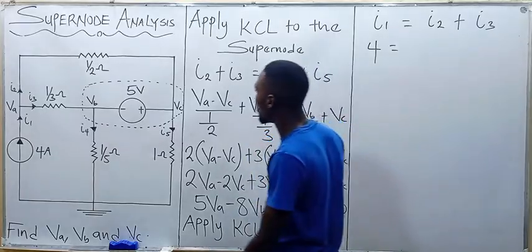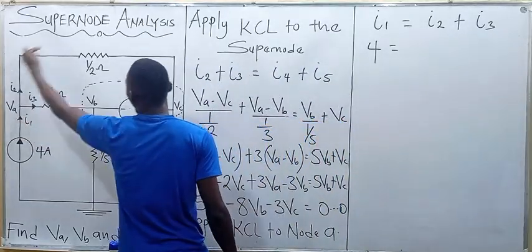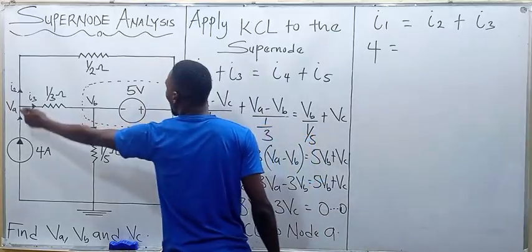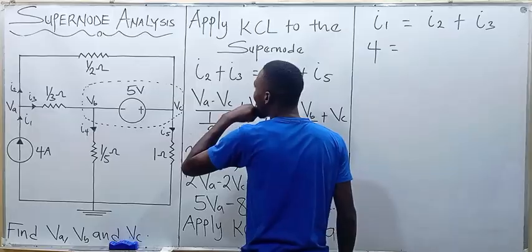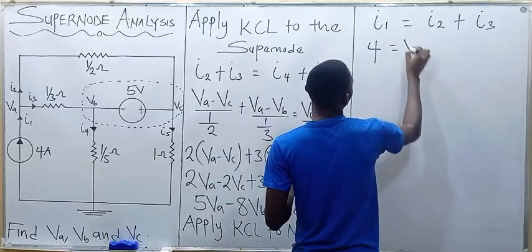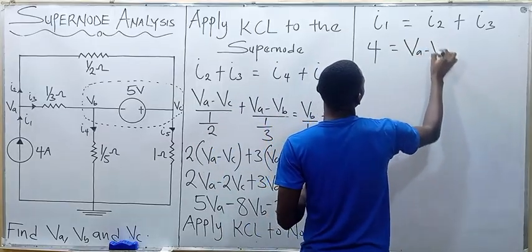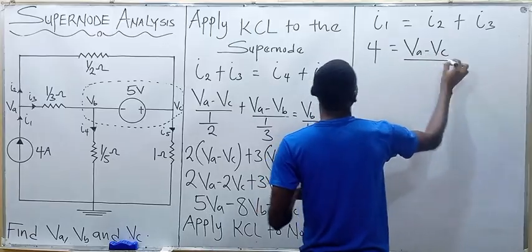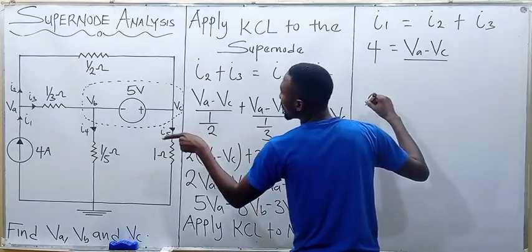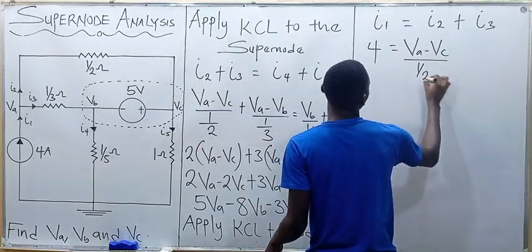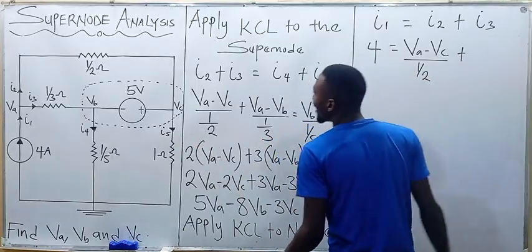Our I2 is between VA and VC, so it's VA minus VC all over 1 over 2, plus I3.